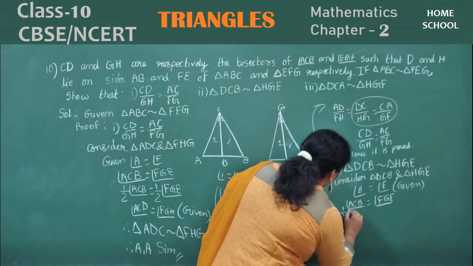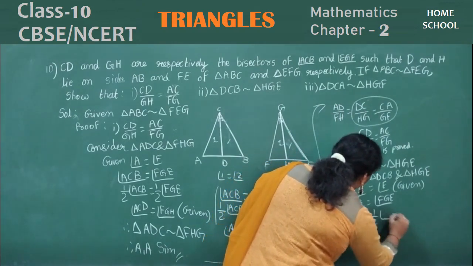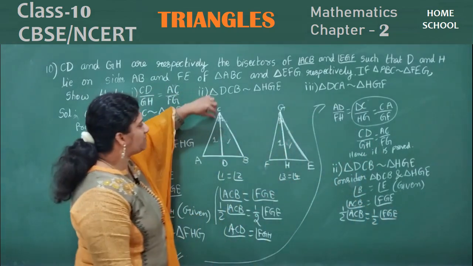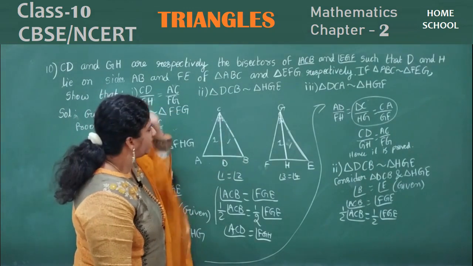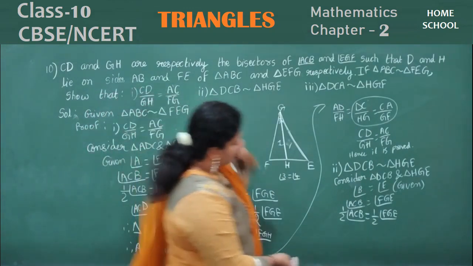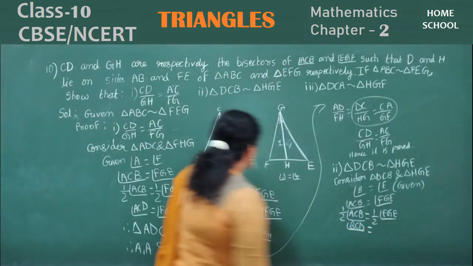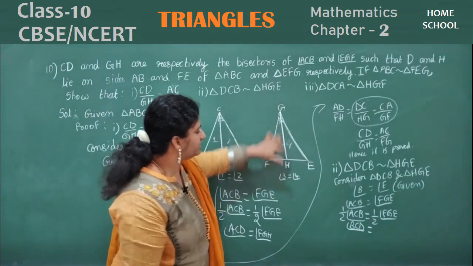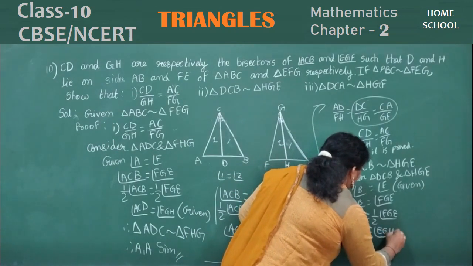What is half of angle ACB? Half of angle FGE. Half of angle ACB, anyone you can take, but I am taking this triangle, right? This angle I will take. That is angle BCD. Angle BCD is equal to angle EGH.